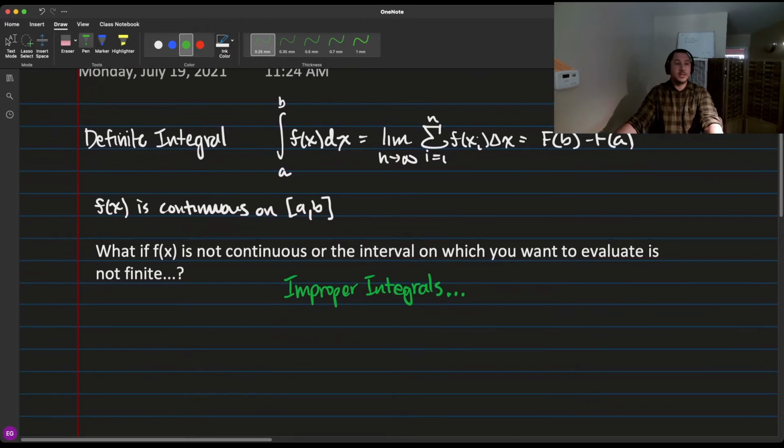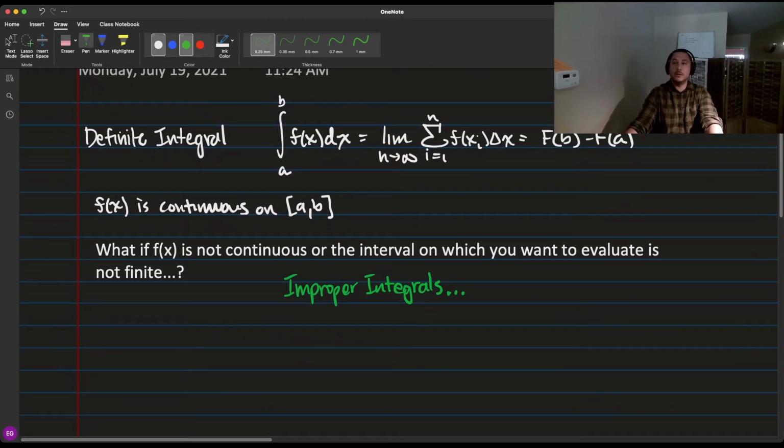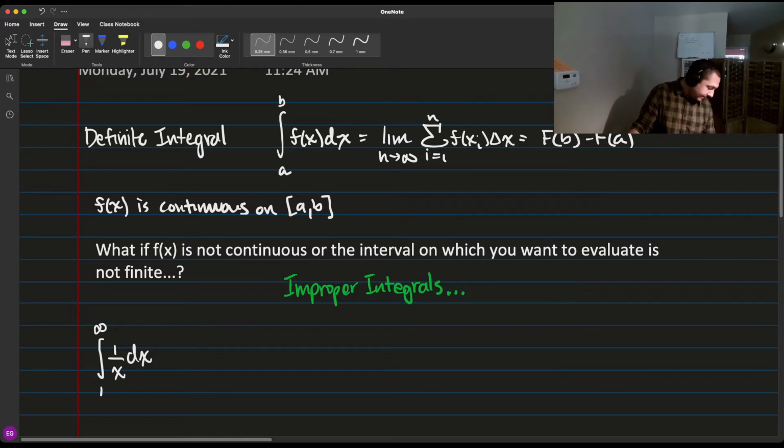So let's do our first example of an improper integral: the integral from 1 to infinity of 1 over x dx. Now, do you have an antiderivative for this function? Yes, exactly.